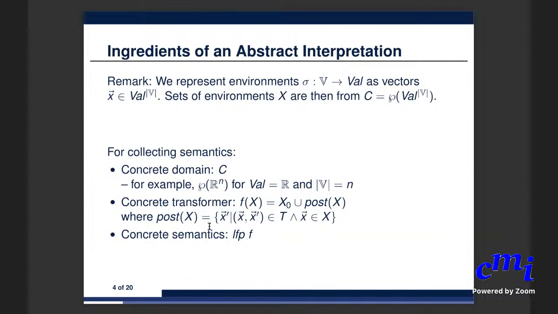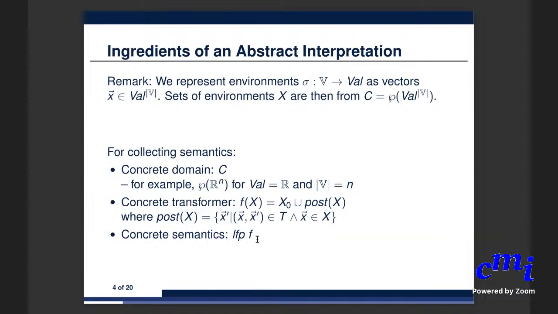That defines what I mean by the concrete semantics, which adds the initial set of states to the post image computed for an arbitrary set of states X. That is what it uses to define the collecting semantics over the concrete domain.